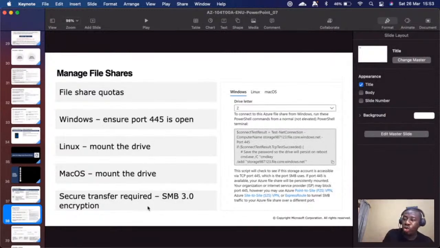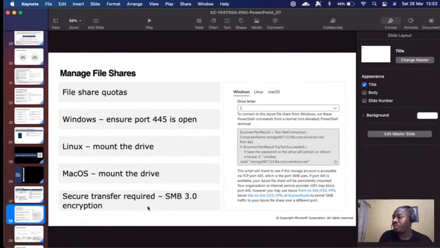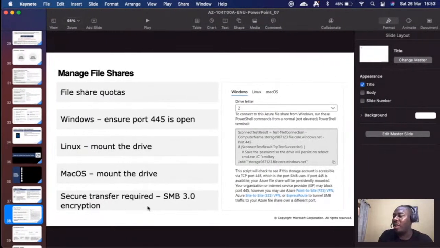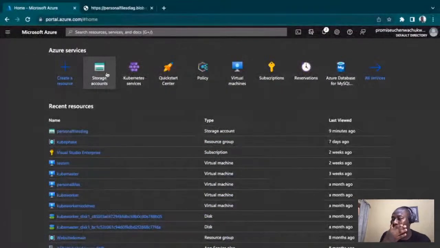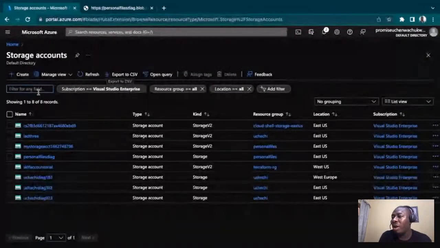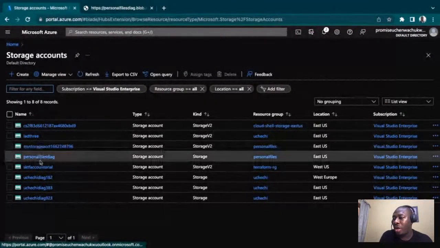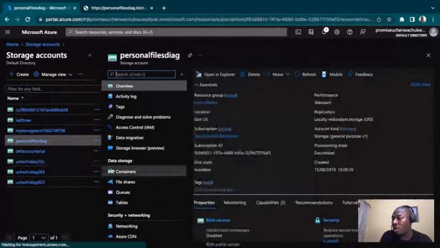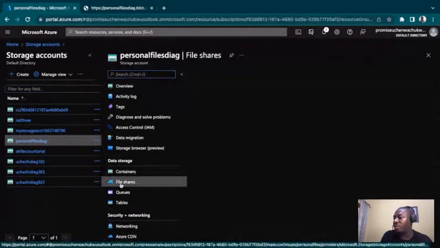I'm just going to show you a sample of this, and we'll end the class here. So what do I mean? I go to my storage account, and I go to files. Let me pick one of the storage accounts. I go to my file share.